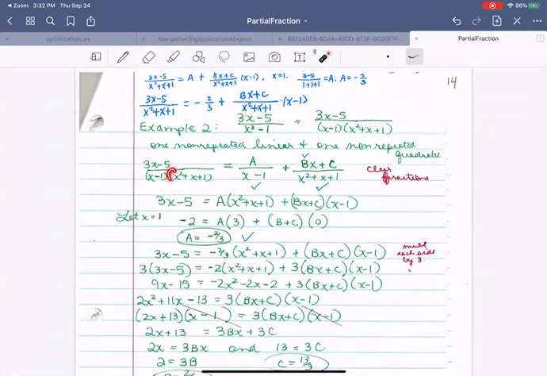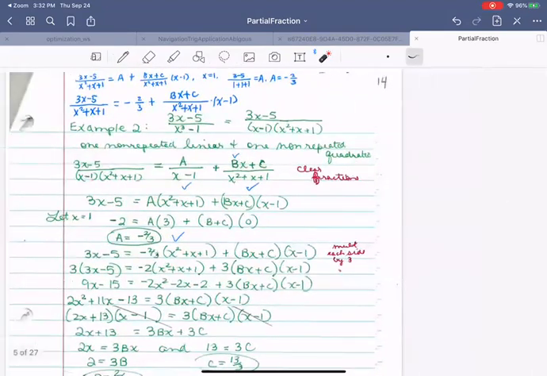Is it like when the power of x in the denominator is greater than 1, you use bx plus c? Right, yes. Good summary. When the power in your denominator is bigger than 1, you do bx plus c, okay?